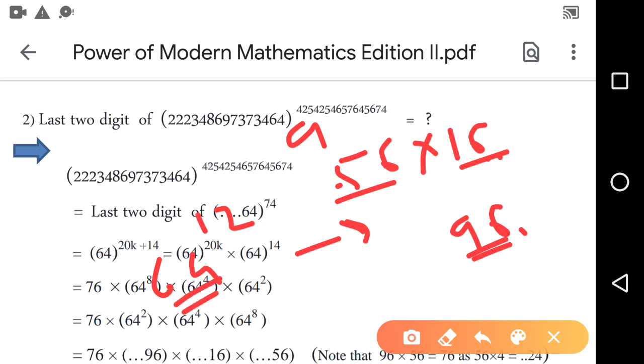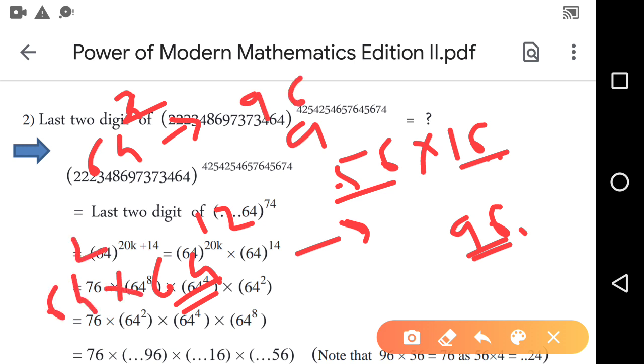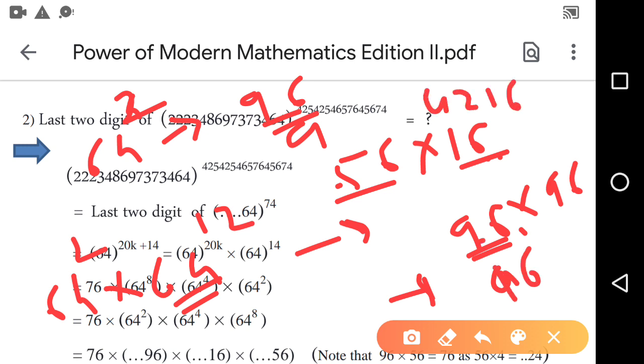Now if 64 raised to 12 ends with 96, and we multiply it by 64 square, which ends with 96, so we multiply 96 by 96, and that ends with 16, because 96 square is 9216 and the last two digits are 16.